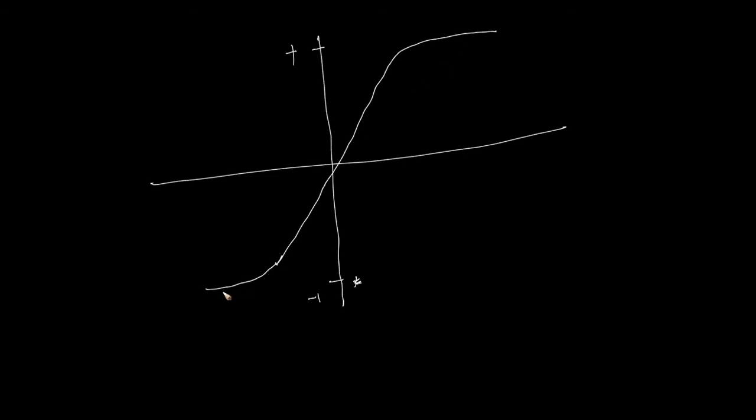This is minus 1 and plus 1. This is 0, and this curve is a tanh curve. Now the important point to note is that tanh varies between minus 1, less than or equal to tanh, which is less than or equal to plus 1.